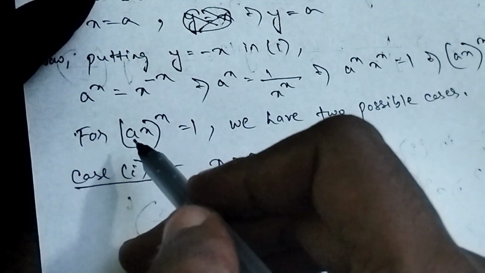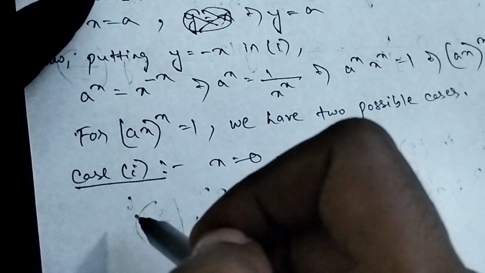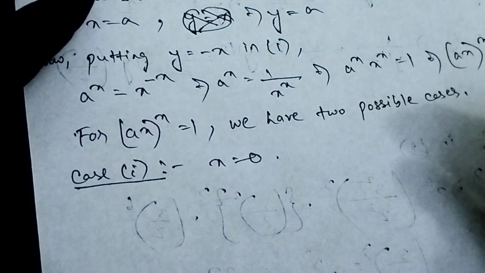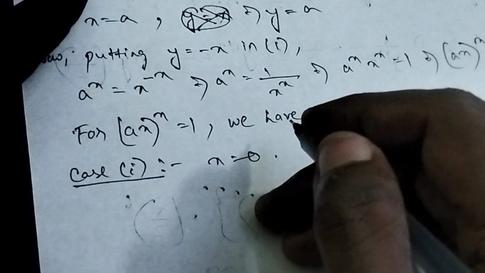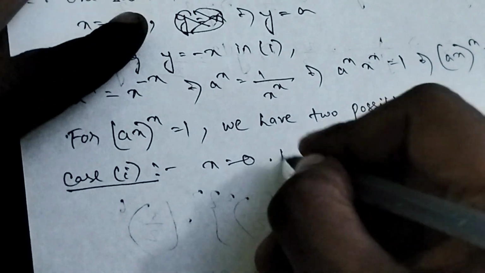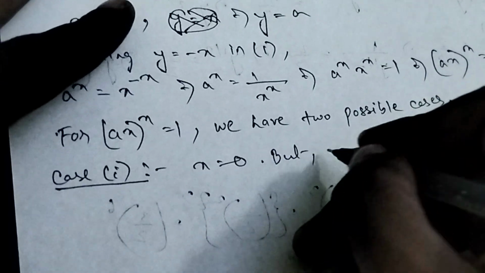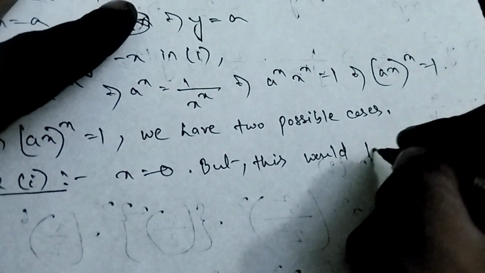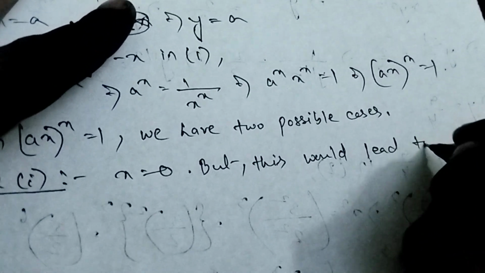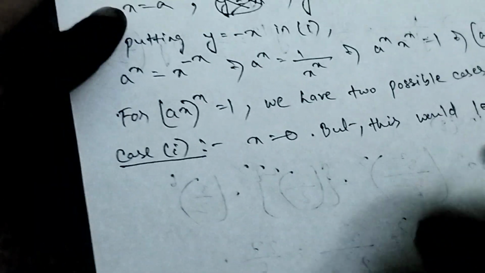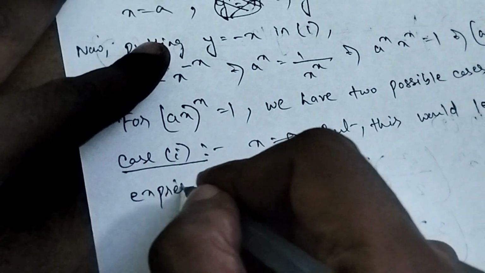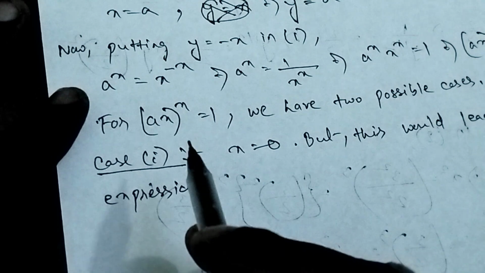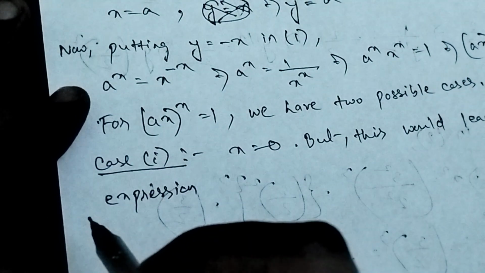then what would happen? Power will become 0. But with the power also, a into x, a into 0 is also 0. That means it would become 0 to the power 0. Suppose x is 0. If x is 0, then power will become 0.